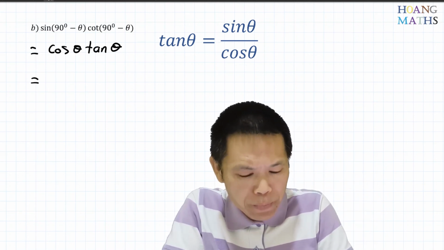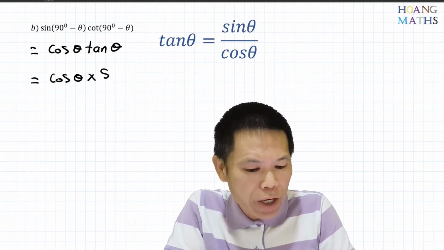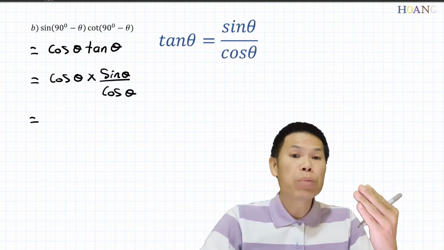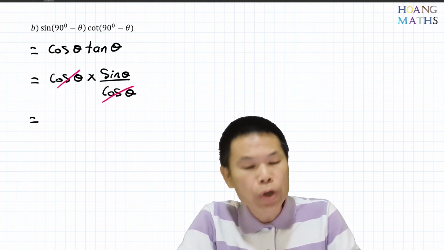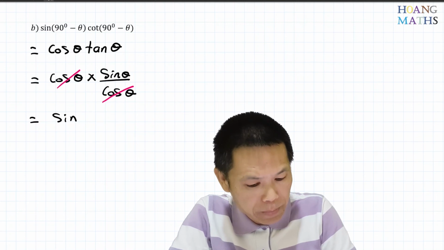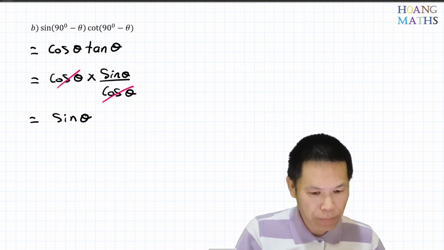So that will give me cos of theta times by sine of theta over cos of theta. And now we just simplify this out. So these two can cancel out. So that will give me sine of theta. There you go. Last one.